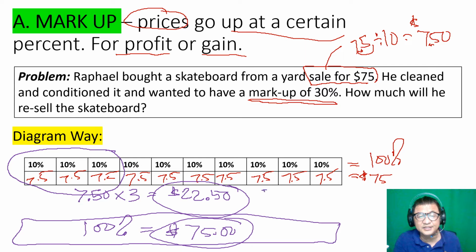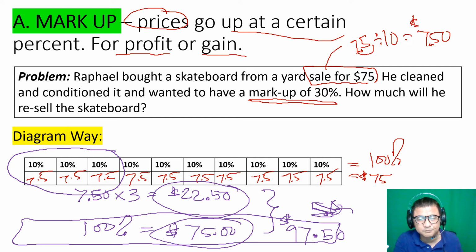So together, let's add these two: 30% plus the 100%. Add it up: 0, 0.50 for the decimal, 7, and then 9.